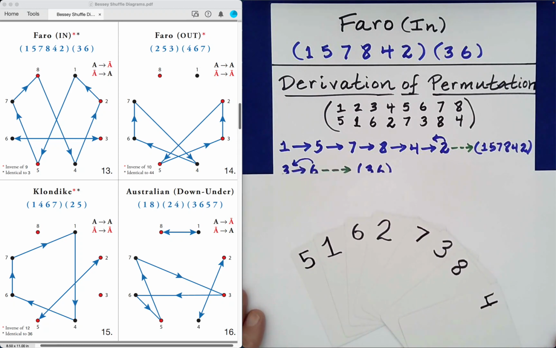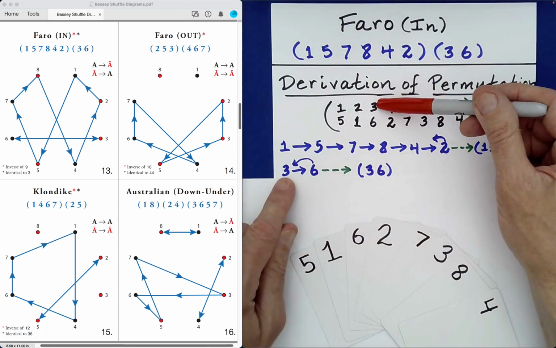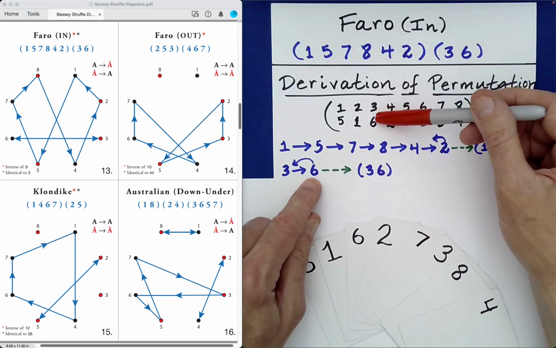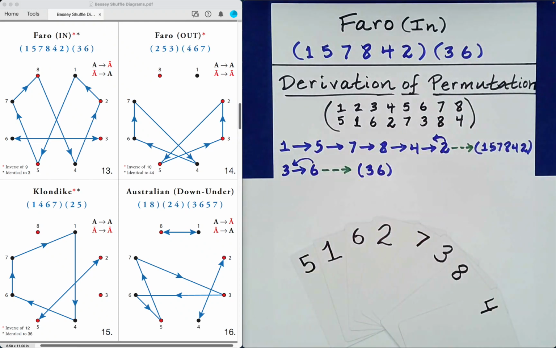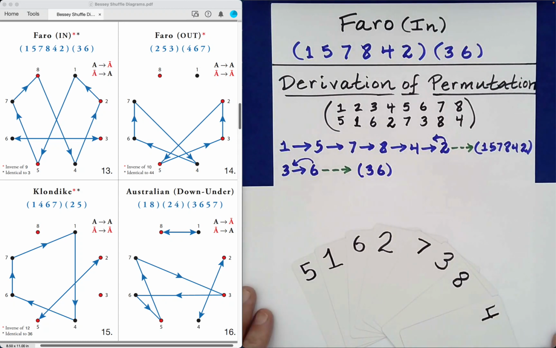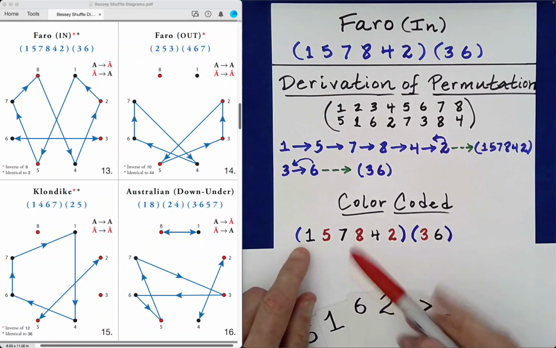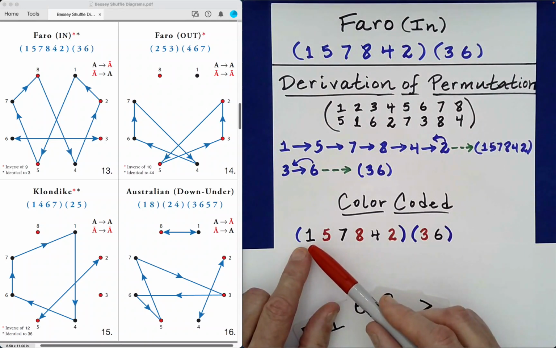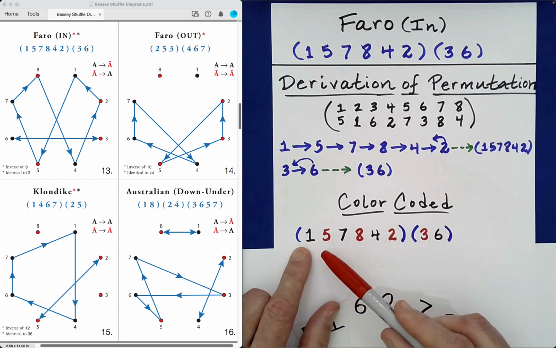Now for the remaining cards, we get the following. 3 goes to 6, and then 6 goes back to 3. So we get a little 2-cycle, or what is also called a transposition. Now if we color code our numerals, we get the following. Remember, 1, 4, 6, 7 are color-coded black, and 2, 3, 5, 8 are color-coded red.